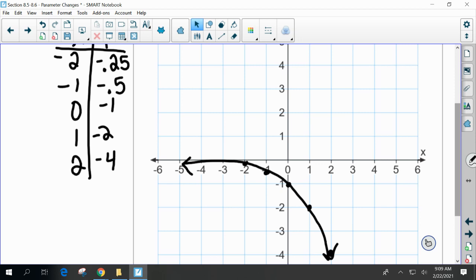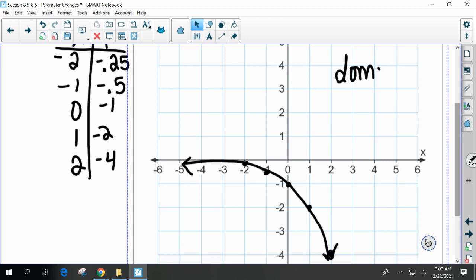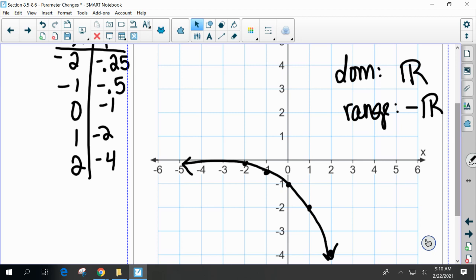Okay, so this time, when we look at our domain and range, what's on the x value there? On domain? Yeah, all real numbers, it touches everything. But on the range, it goes negative numbers up to 0, but doesn't touch 0, so negative all real numbers this time, because we are pointing into the negative.